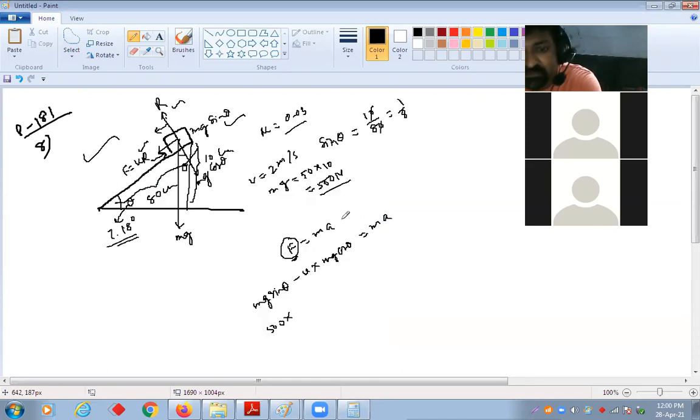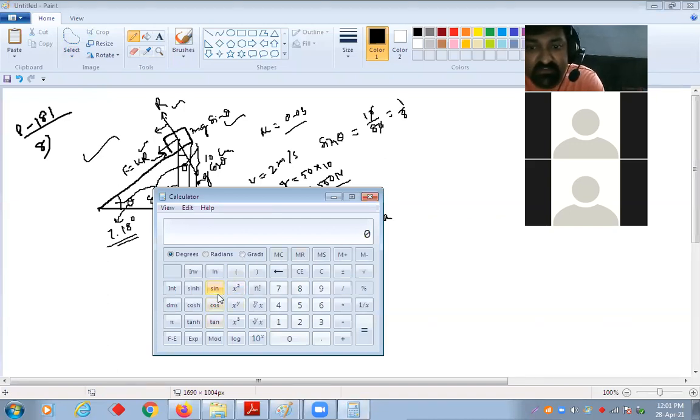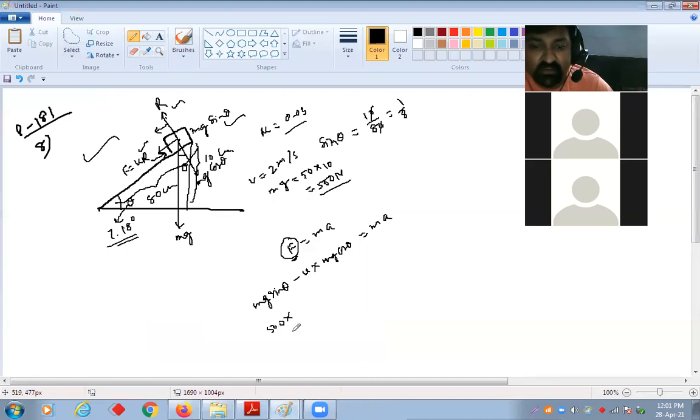Suppose sine 30 degrees, we will get the value. In the same way we will write 7.18. The value of sine is 0.1249, or you can take 0.125. Okay.